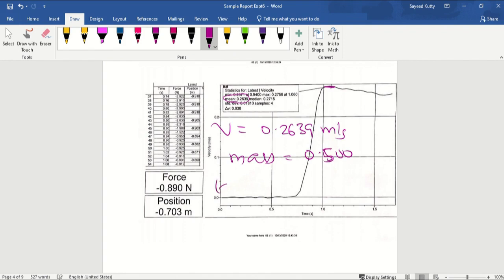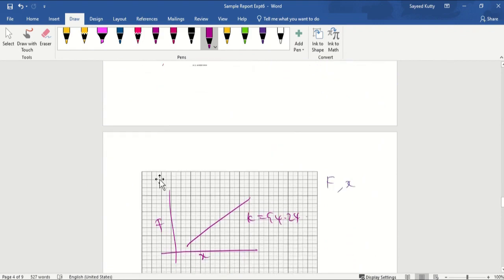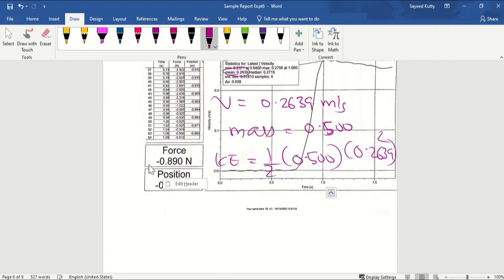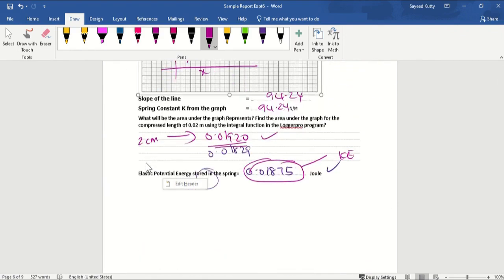So from here we can calculate the kinetic energy, half m v square. So let us do that. I have now the velocity, that is 0.2639. Let me write it here so that we can complete the report.